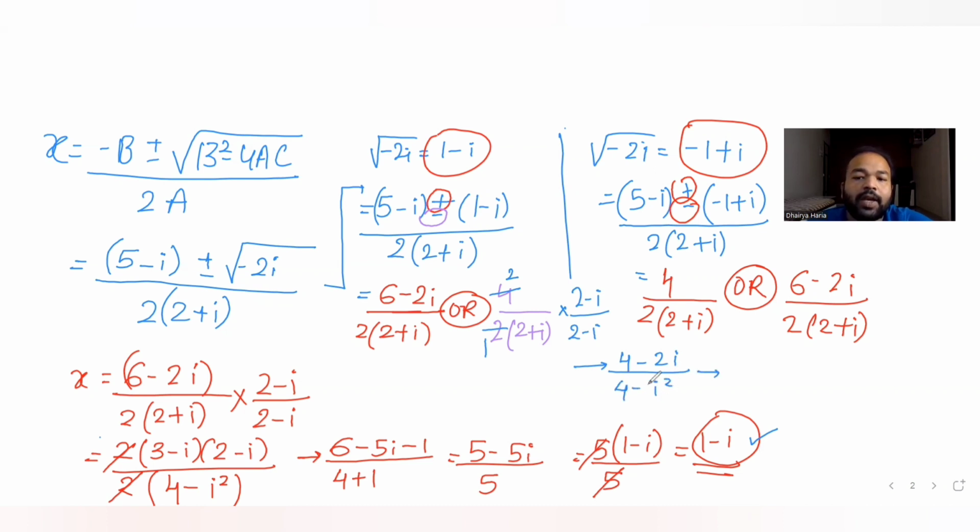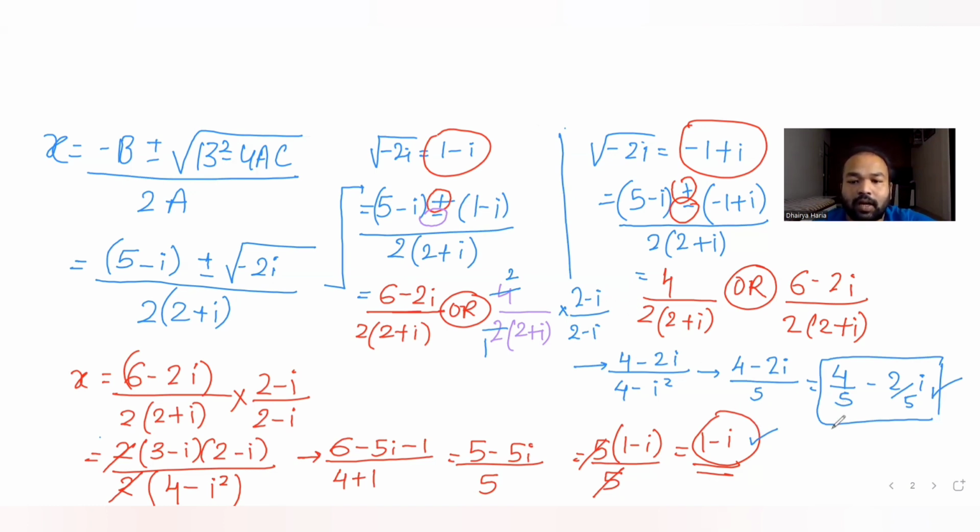So 4 minus i square is minus 1, that gives me minus of minus 1 plus 1, so becomes 4 minus 2i upon 5, that gives me 4 by 5 minus 2 by 5 i. So that is my second root of the quadratic equation.